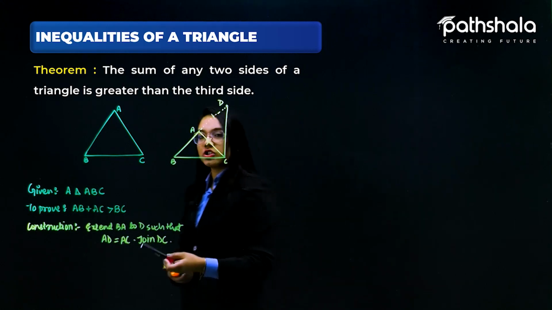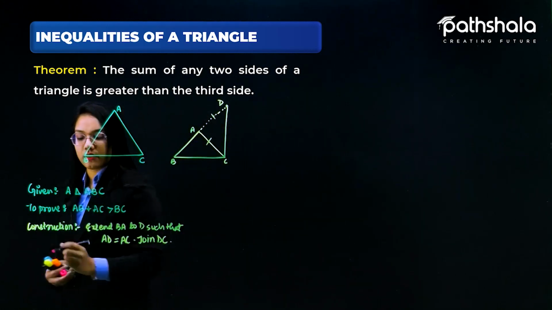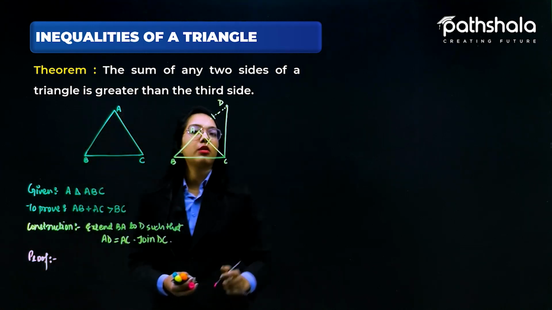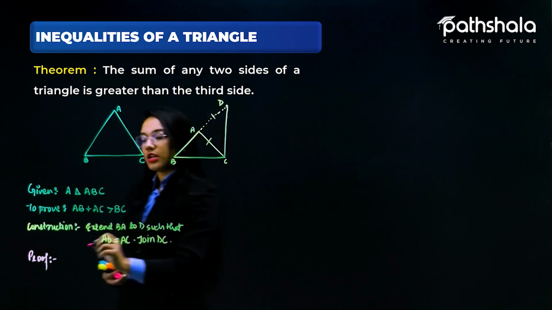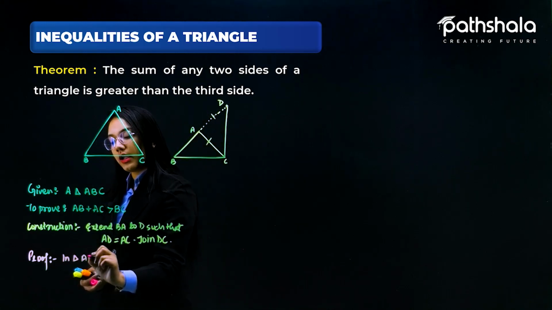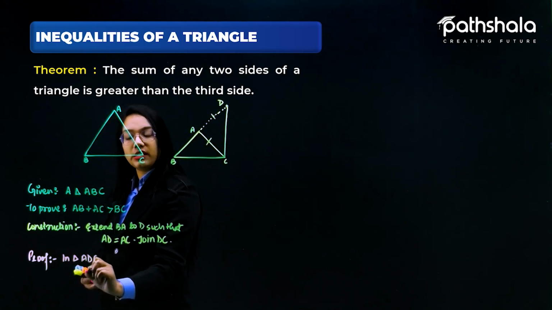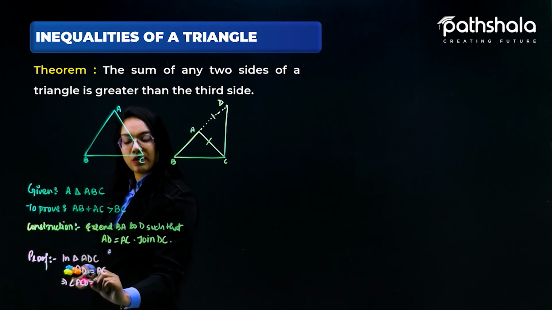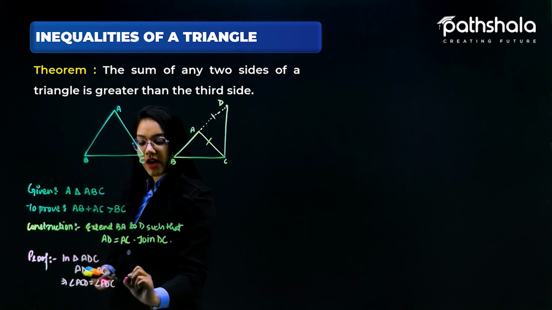Now let's start the proof of this theorem. Let us talk about the triangle ADC. In the triangle ADC, we know that AD is equal to AC. It implies that angle ACD is equal to angle ADC. Why so?